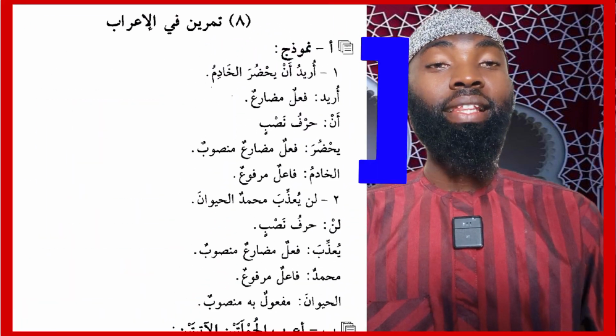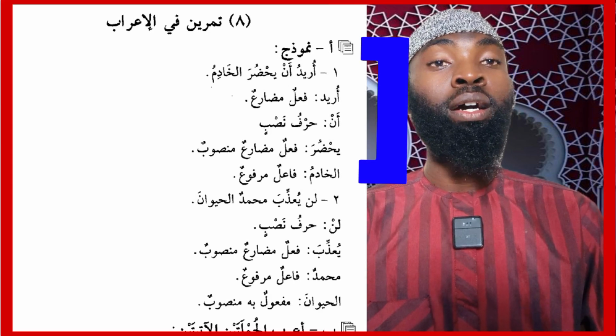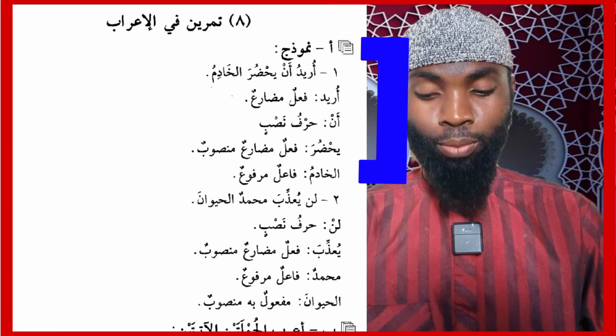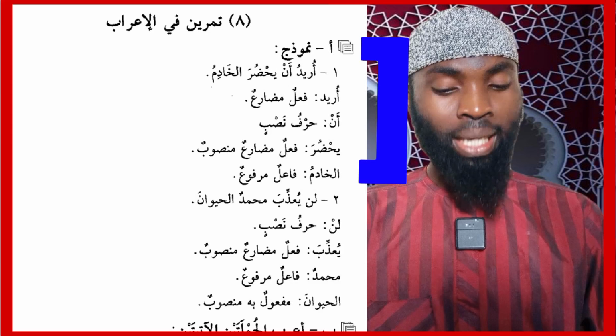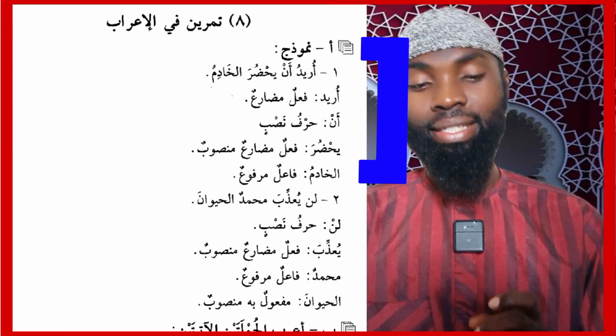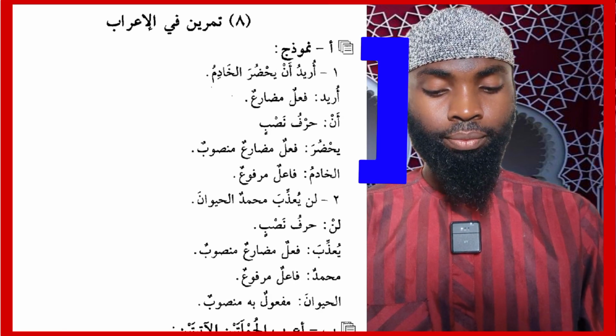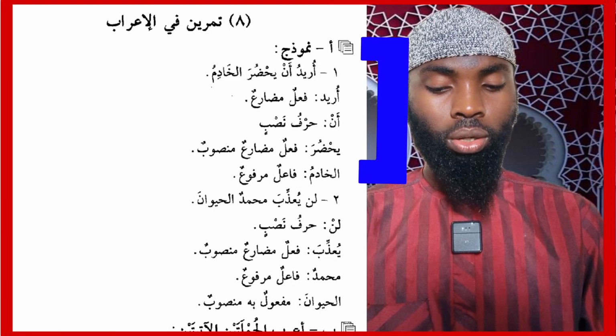تمرين في الإعراب, that is exercise on grammatical analysis. تمرين الثامن, exercise number 8. نموذج, we have a sample to follow in order to also analyze the following sentences. Number 1, we have أريد أن يحضر الخادم.